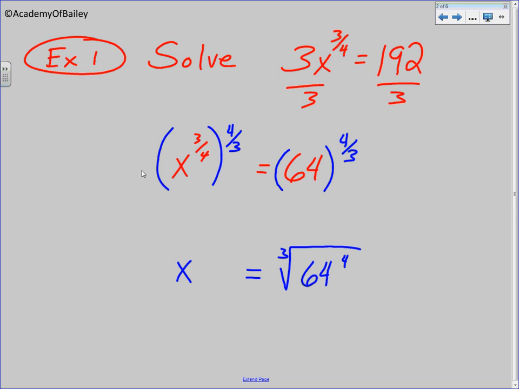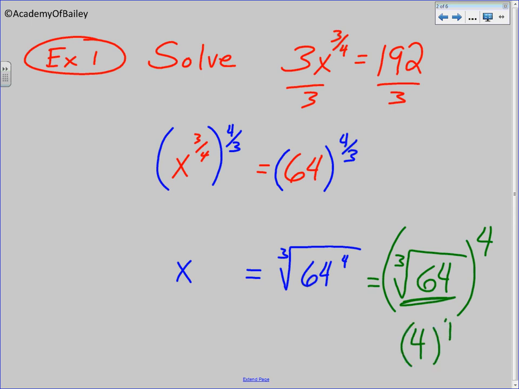But I do know that I could also write it like this. And writing it like that helps out a lot more, because what is the cube root of 64? The cube root of 64 is 4.